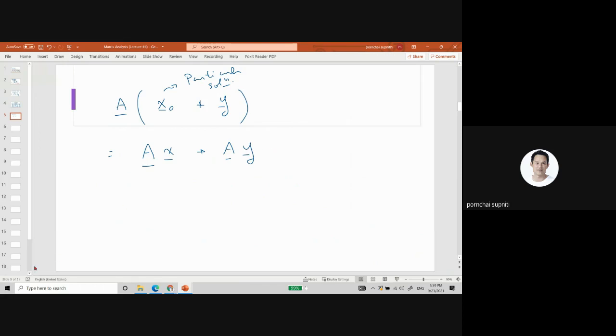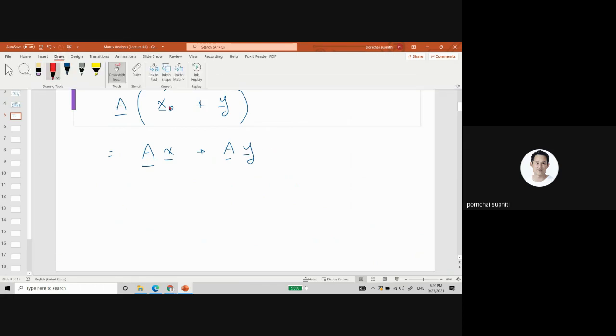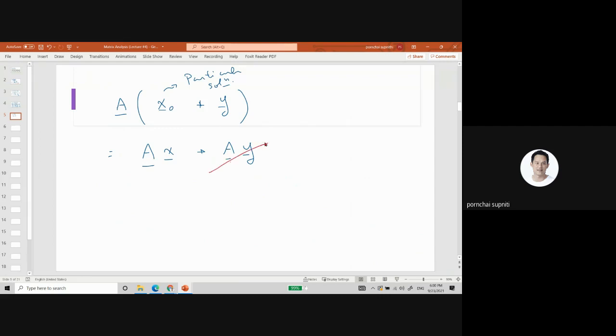But this is equal to 0 because of the property of the null space. Therefore, you get Ax, so this is b. That's how it works.